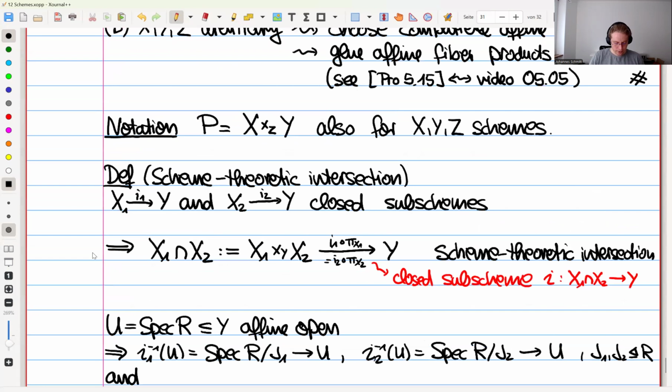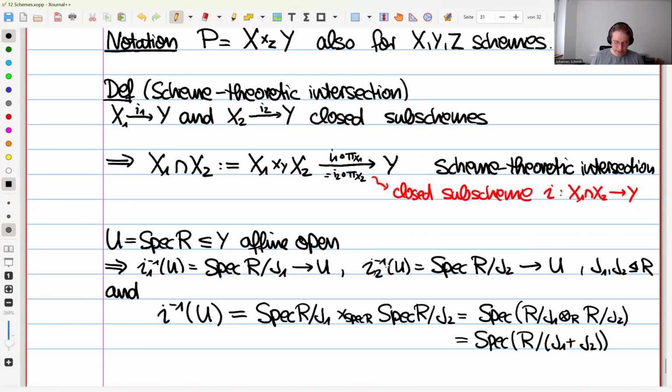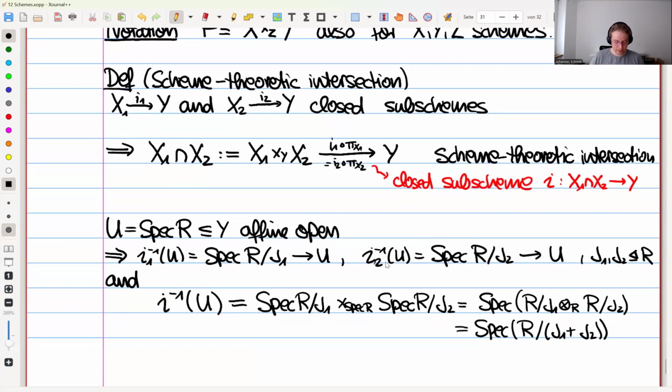And so in this way, you can see this as a closed subscheme in Y, and then if you take the intersection, it's again a closed subscheme in Y. And it does the correct thing when everything is affine. So if you have an open subscheme U inside Y, then by definition of these being closed subschemes, we know that these preimages of U are given by Spec R modulo J1 and Spec R modulo J2, where J1 and J2 are the ideals cutting out X1 and X2.